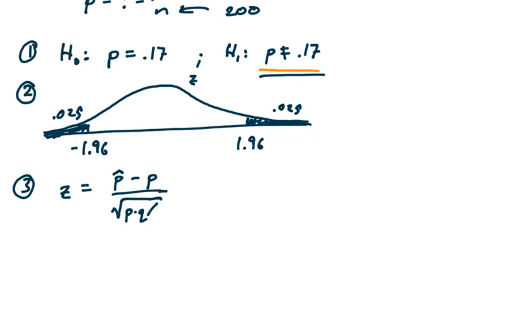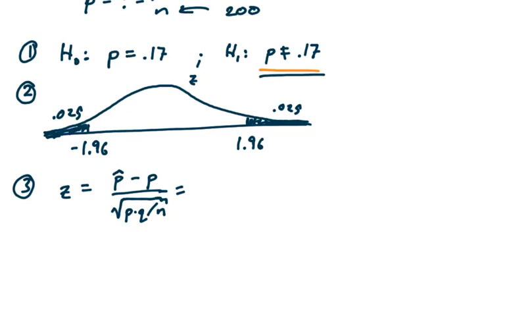We always have something to put in for P because we always have some value that we're conjecturing about. That's not exactly the same as what we had in the case of confidence intervals.